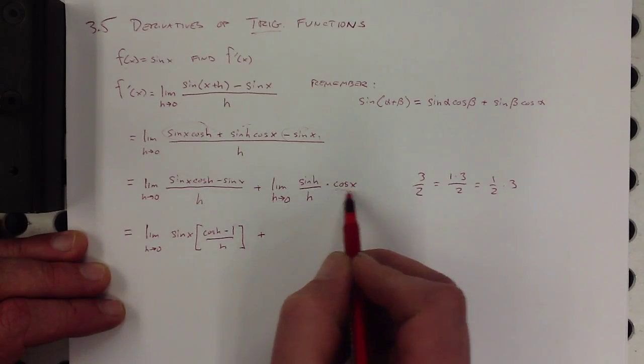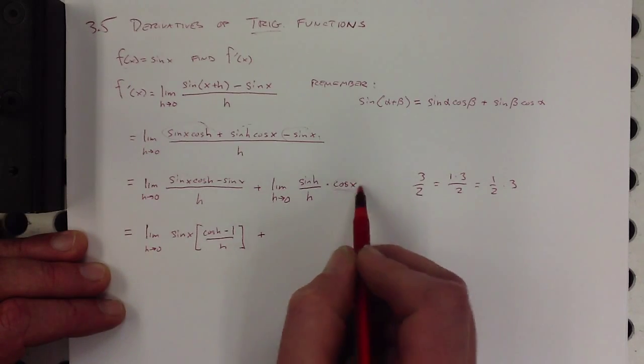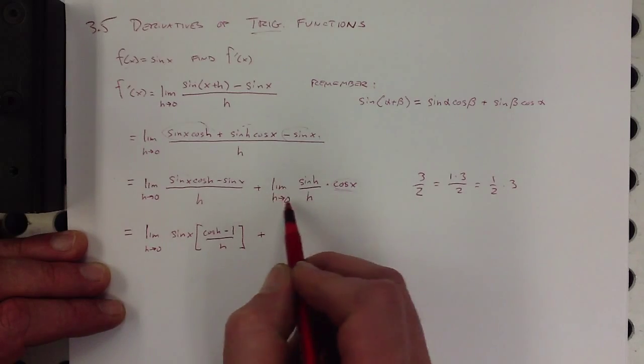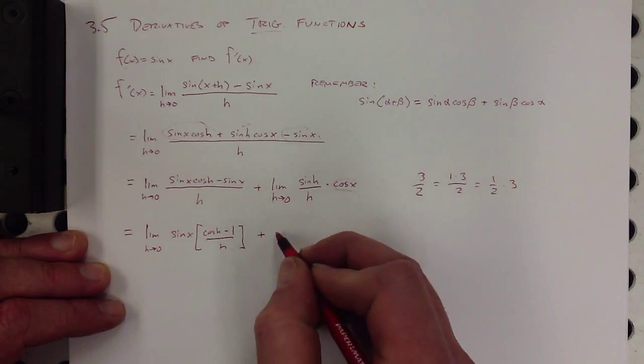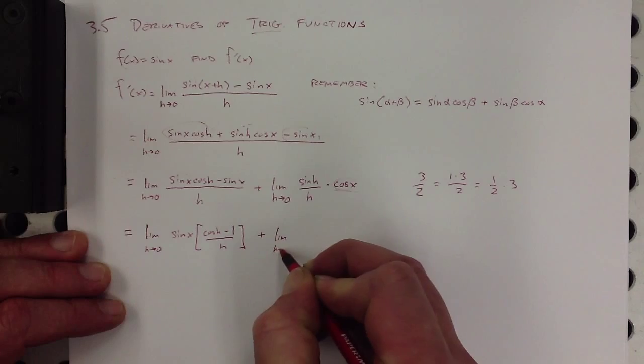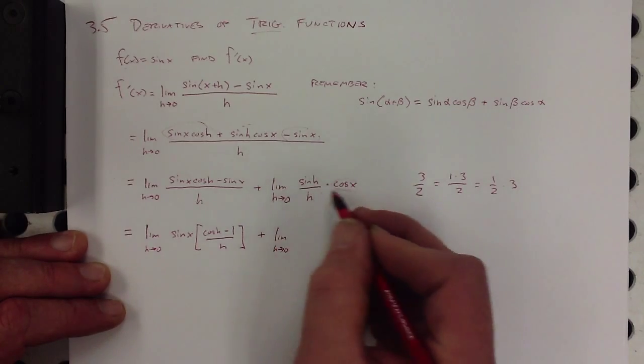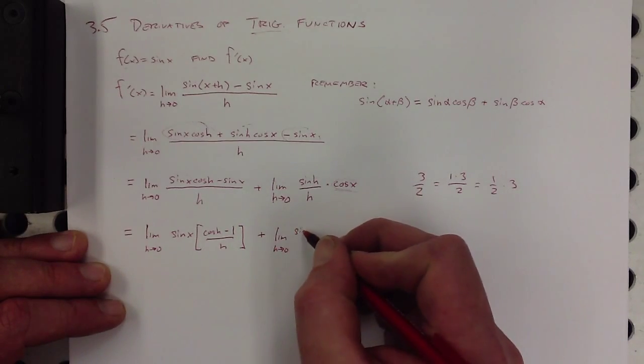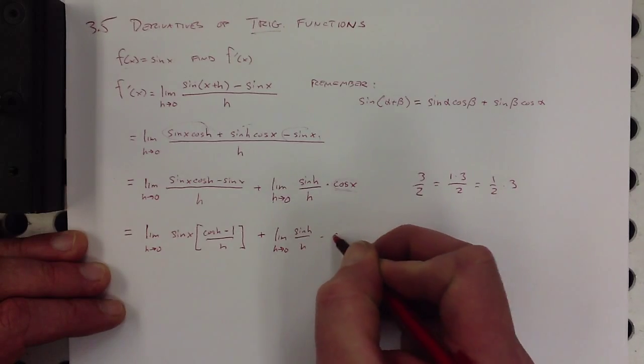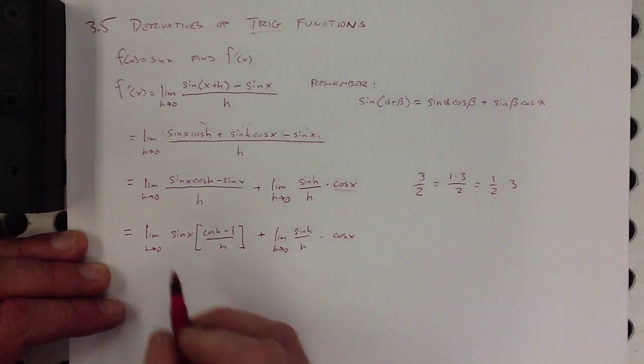It doesn't say anything about what's happening to x, so it really is not affected by the limit. It's like we have this little limit, and then we're multiplying it by cosine x on the outside.